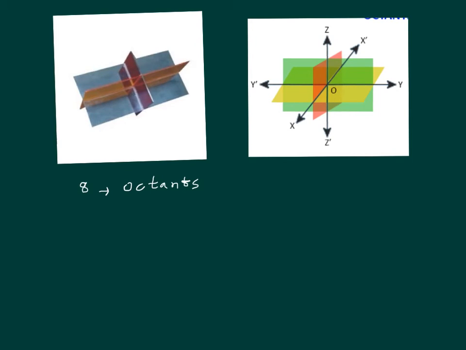Now let us name the octants. Let us look at this figure. The octants could be named as XOYZ. So the first one can be XOYZ. Then the octant just behind it will be X dash OYZ.